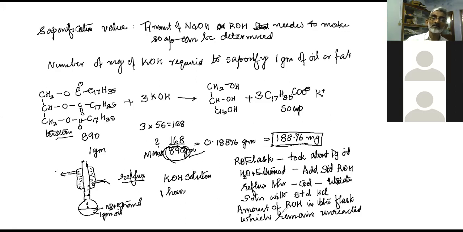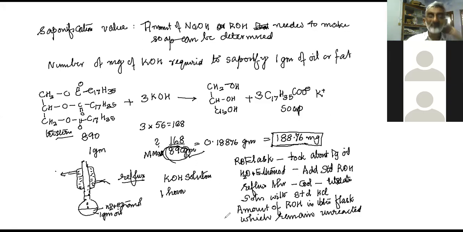So whatever potassium hydroxide reacted with the oil, that we can find by knowing the initial amount of potassium hydroxide which we have taken.